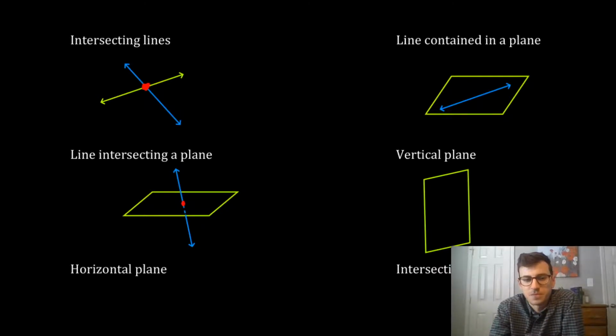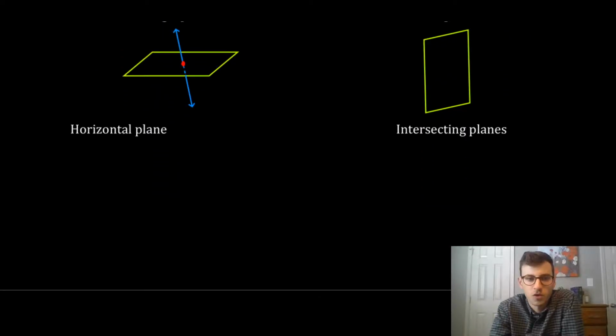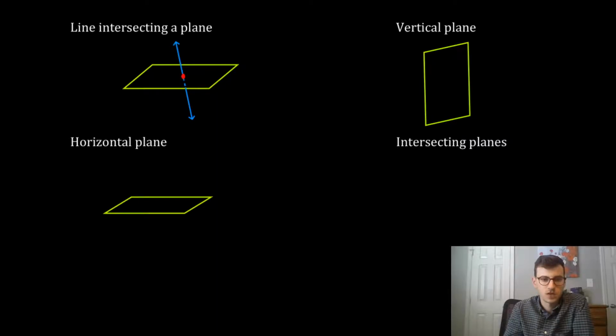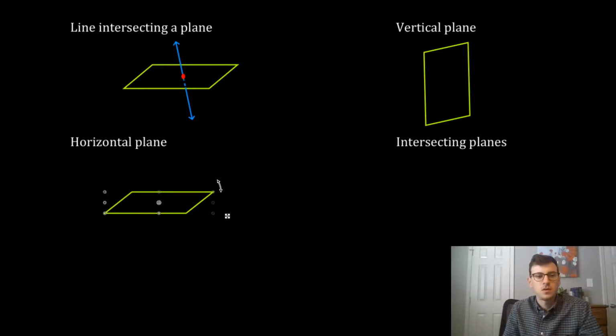And last but not least, we'll talk about horizontal planes and intersecting planes. Okay, horizontal plane, that's what I've been drawing the whole time. Just like that. A plane that's oriented horizontally rather than vertically.